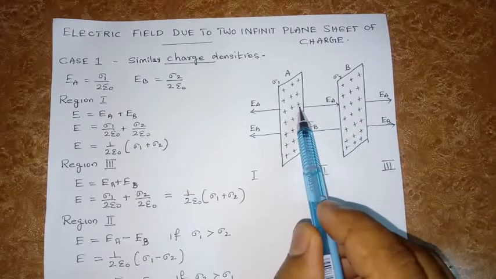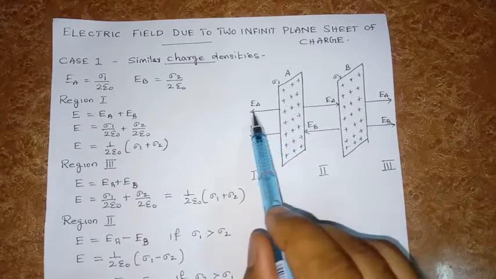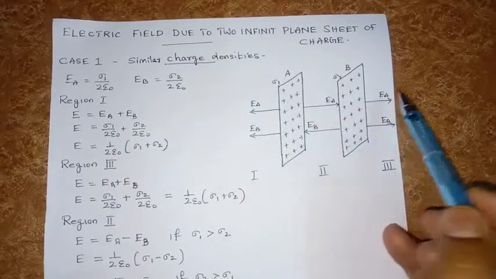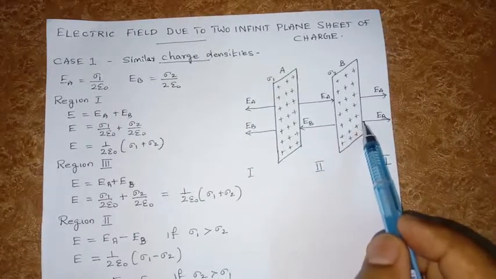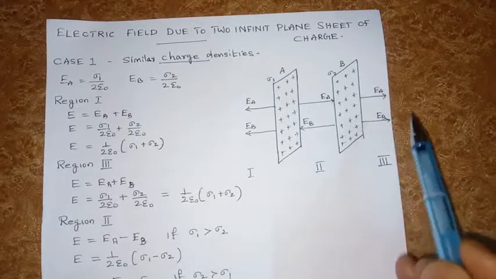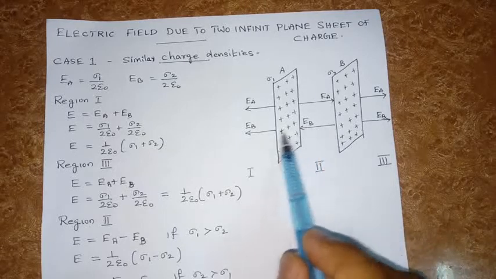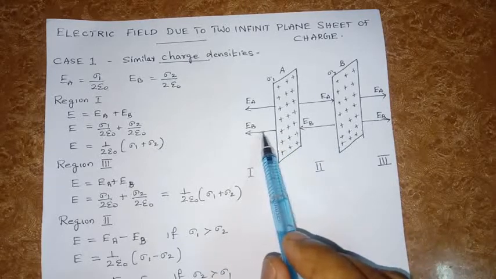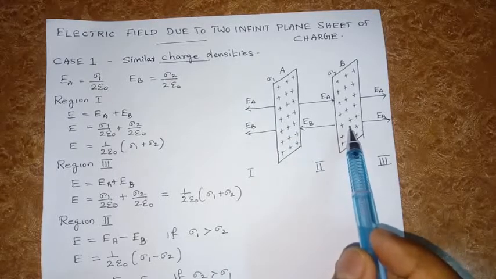So the electric field in regions 1, 2 and 3 due to the first sheet is like this. Similarly, the second sheet also creates an electric field. In this region, the electric field due to the second sheet B is like this. In this region it will be radially away, and in this region also it will be radially away. So EB is the electric field due to the second sheet only.